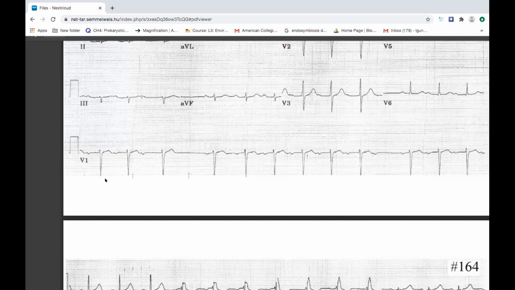However, this is different because here, if we had this gap, we should have a gap with a normal PP interval. However, because we do have this QRS complex right here, and the PP should come regularly, this is not exactly twice as much; the PP is longer than twice as much.